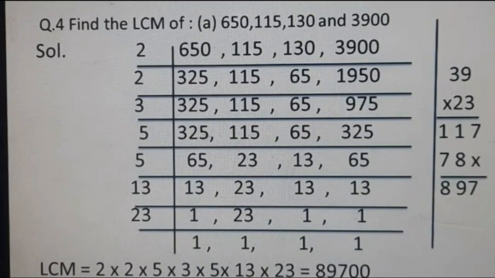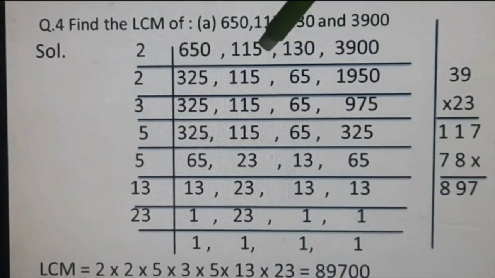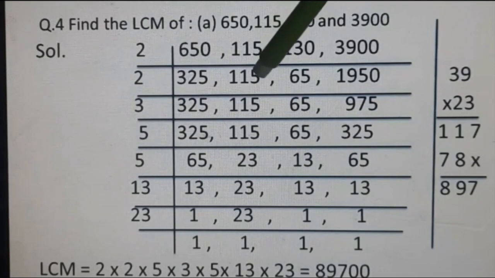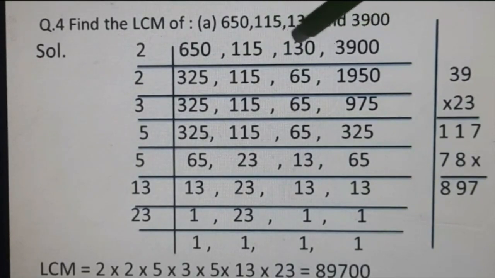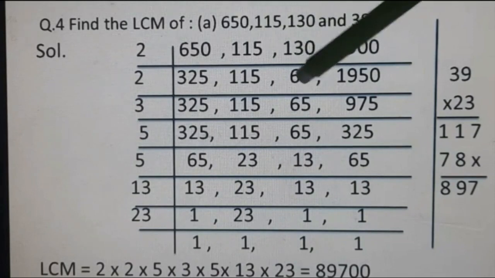Next is question number 4. Find the LCM of 650, 115, 130, 3900. First of all, we will check whether even numbers are there. So we will start with 2. 650 divided by 2, we get 325. 115 is not divisible by 2 completely, so it will be written 115 only. 130: 2 6s are 12 and 2 5s are 10.